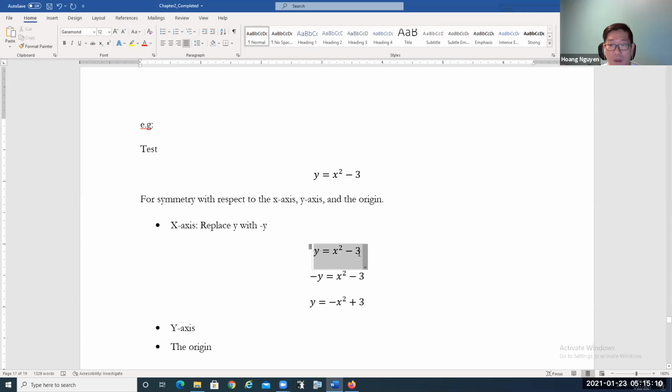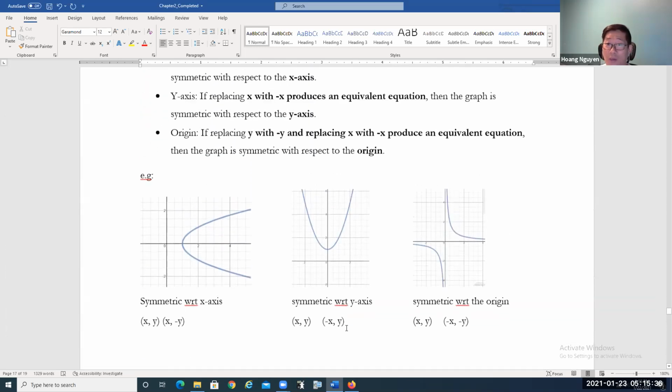Now we're going to compare the original equation that the question gave you and the equation that we just got. Are they equivalent? Do they look the same? No, they do not look exactly the same, so we don't have an equivalent equation.